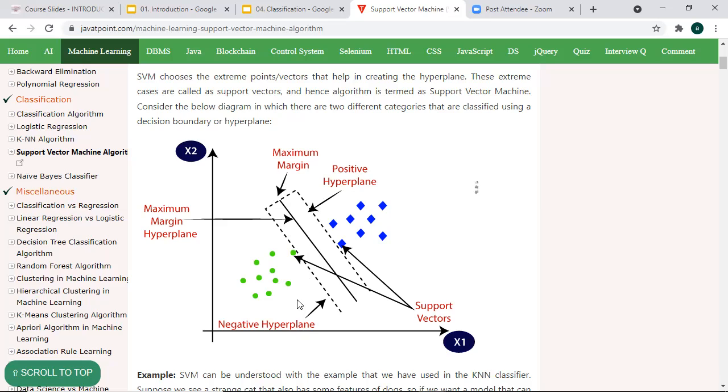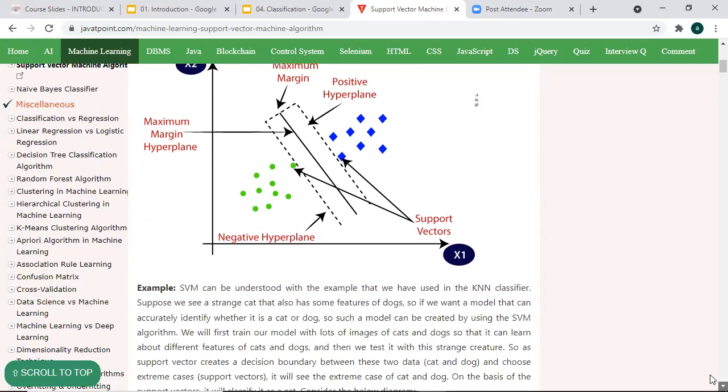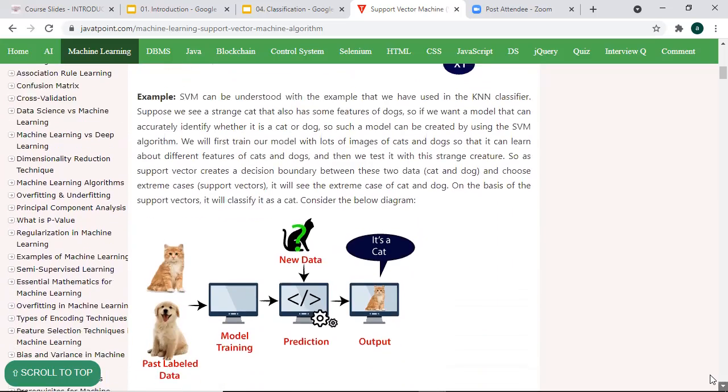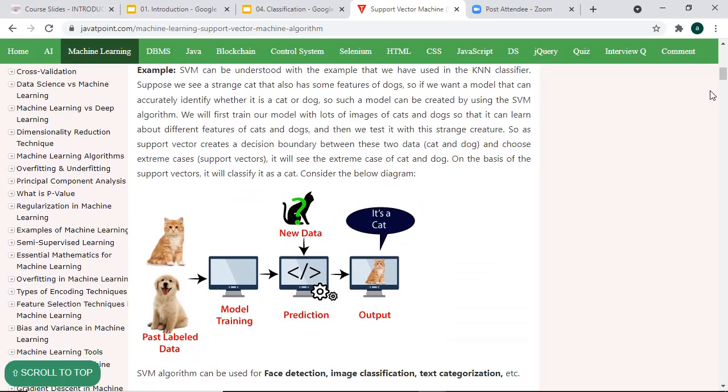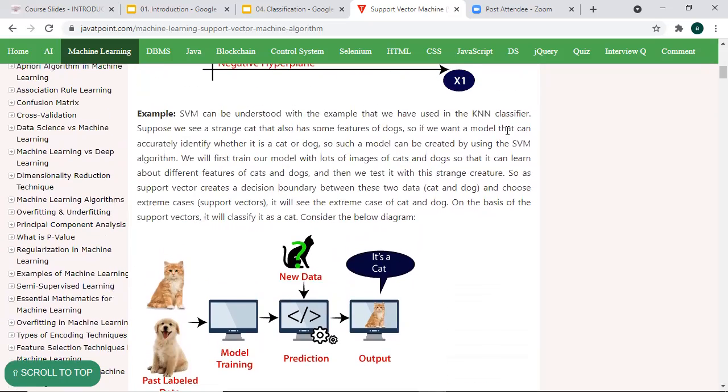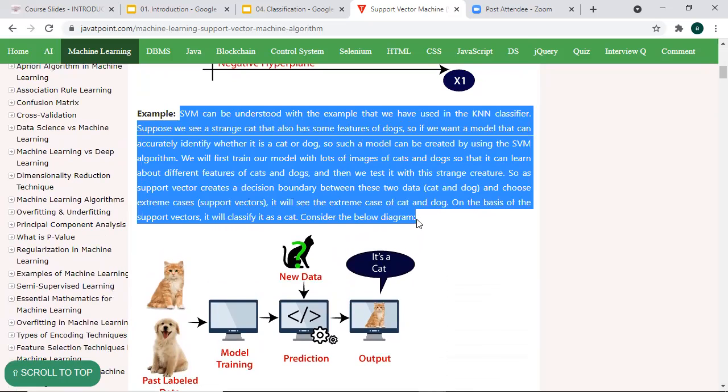Now here, what does this say? Let me give you an example here. So how does this work? Just read this example once, then I am going to explain it to you. First read this example.